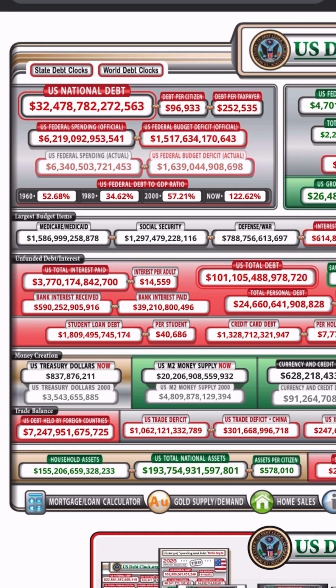Looking down here is something you guys have probably heard a lot in the news, the budget deficit, or you always keep hearing every year about raising the deficit. Here we can see U.S. federal spending, the official numbers. And then if you look at the other side, it's $1.5 trillion of federal budget deficit.